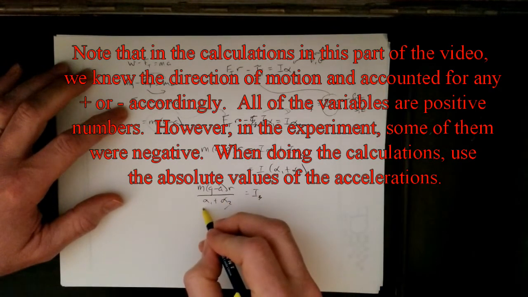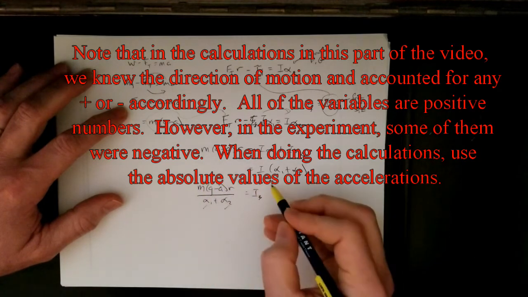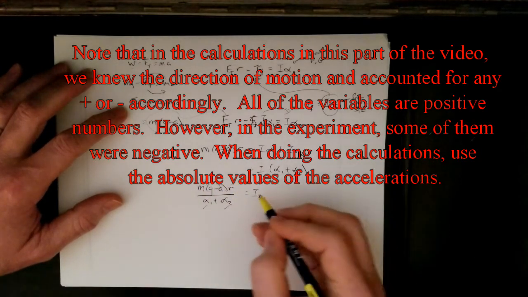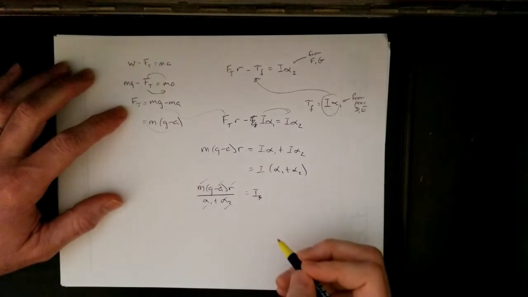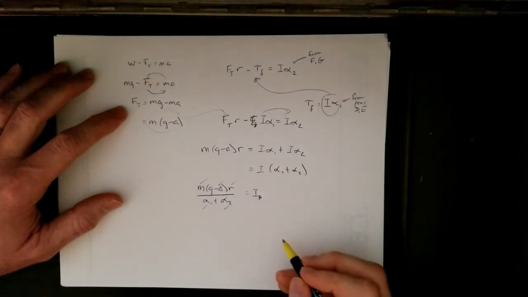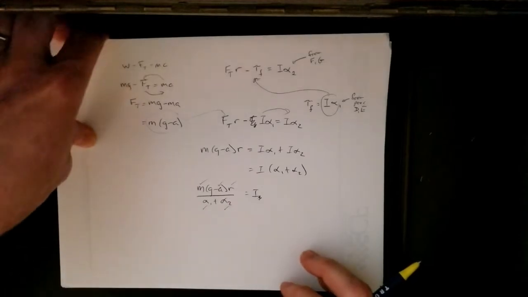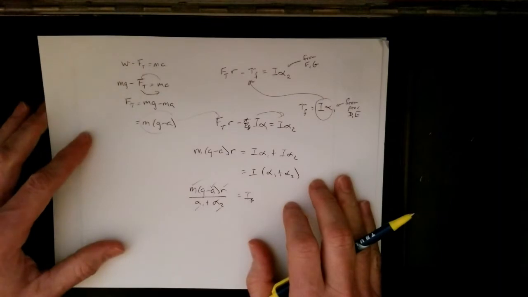Alpha 1 we found from a previous part, mass we have measured, and R we measured. And so we can calculate experimentally the value of the moment of inertia I, and then compare that to the Vernier relationships. And so that's how you do the analysis to find the moment of inertia for parts F and G.